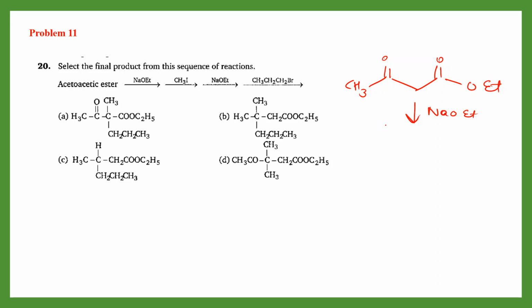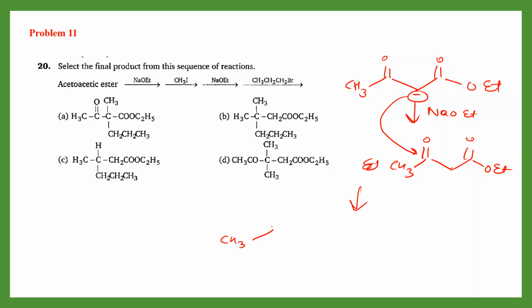Tell me, base is there, students. Since there is no other component given, let's make it a dimerized product. A carbanion will form here, and if we look at another molecule, definitely it is going to attack the ketone part, not your ester part. Correct?